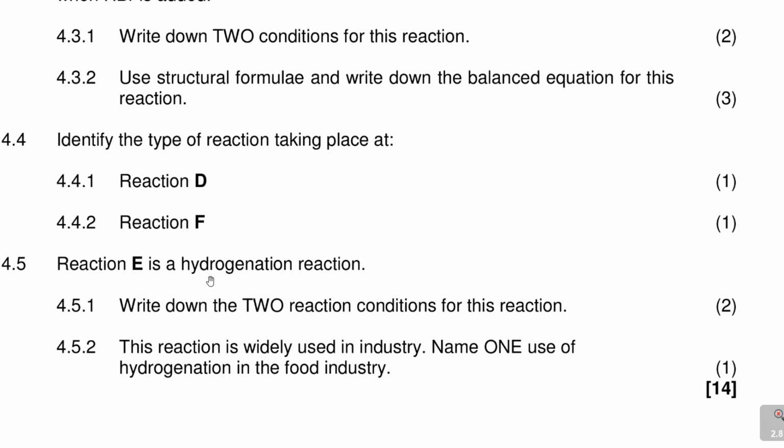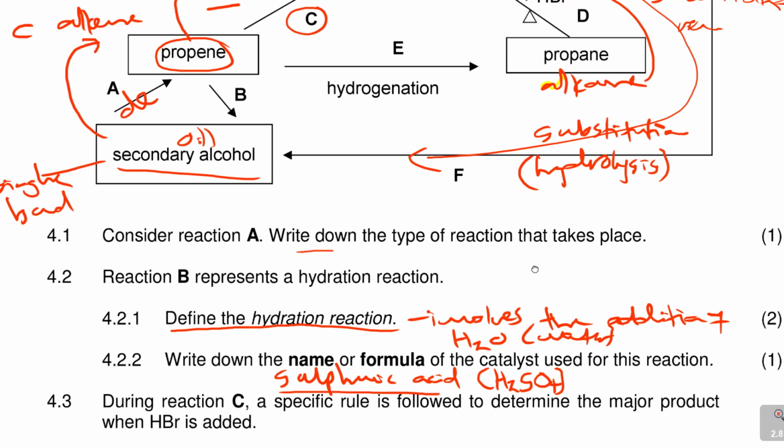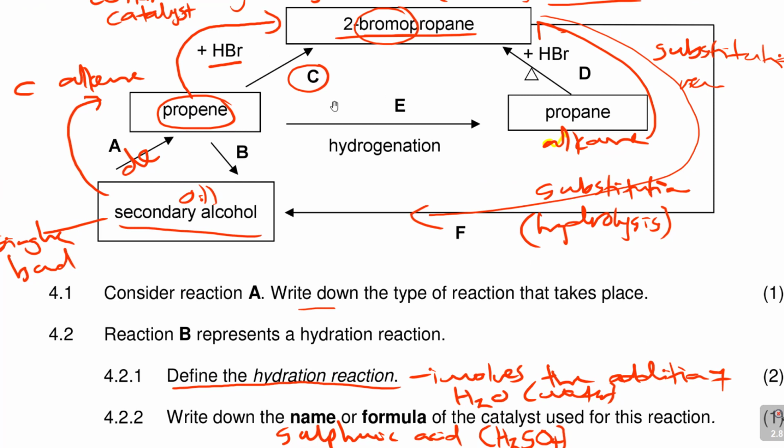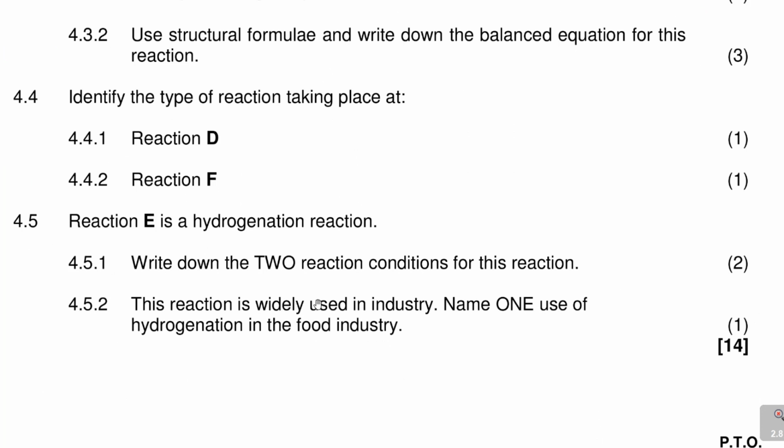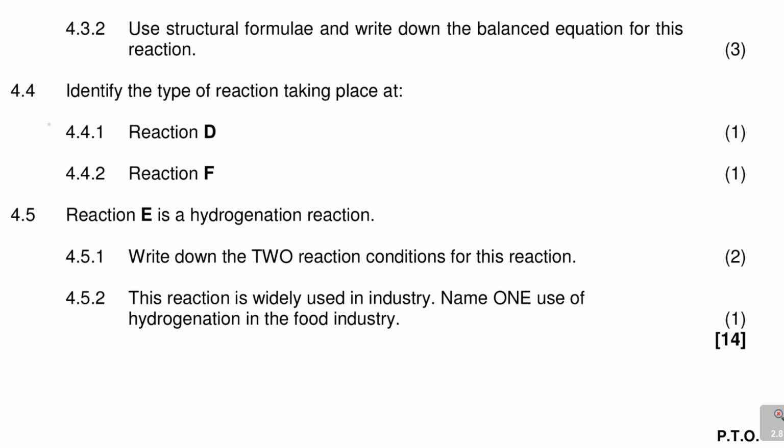Reaction E is a hydrogenation reaction. They tell us propene to propane. Okay, you are adding what? Hydrogen here, H2. Right. Now, what are they saying? Write down the 2 reaction conditions for hydrogenation reaction. The common one is catalyst. And what is the catalyst?